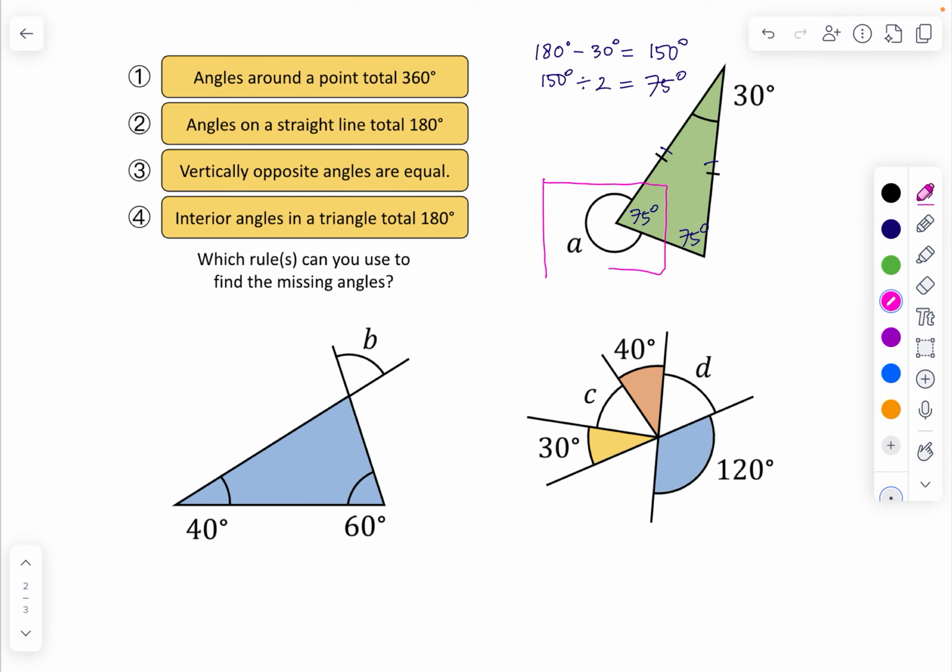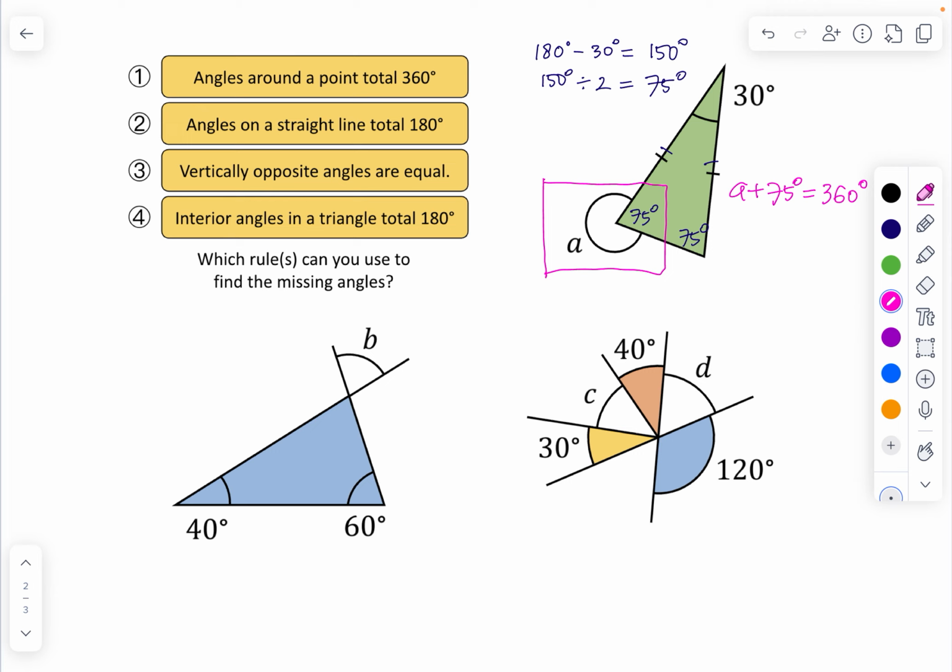When we zoom in, we see that there are two angles which make angles at the point. So angle A plus 75 degrees should be equal to 360 degrees because they are both angles around one point, so they sum up to 360 degrees.